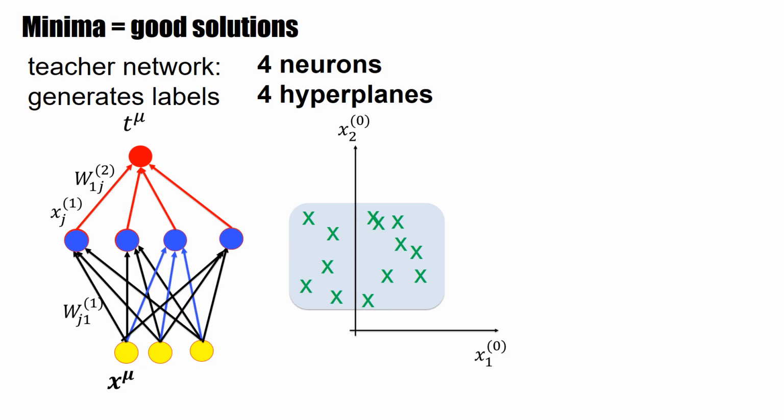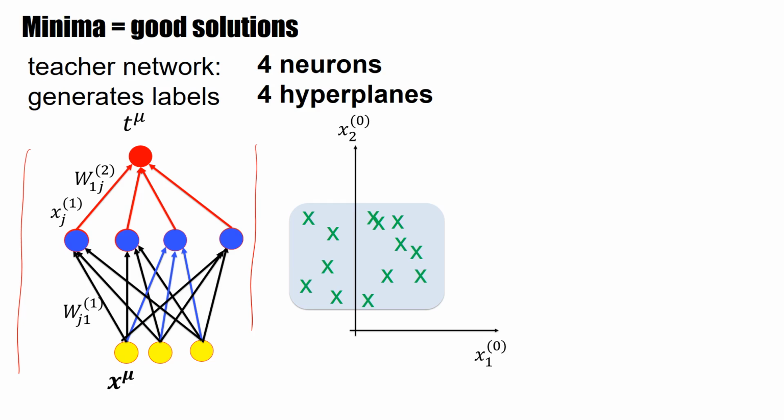So far I have focused on the best minima, and the nice way to think about these global minima is to say, well, the labels are actually generated by a network that has exactly the same number of neurons as the network I will use to learn.